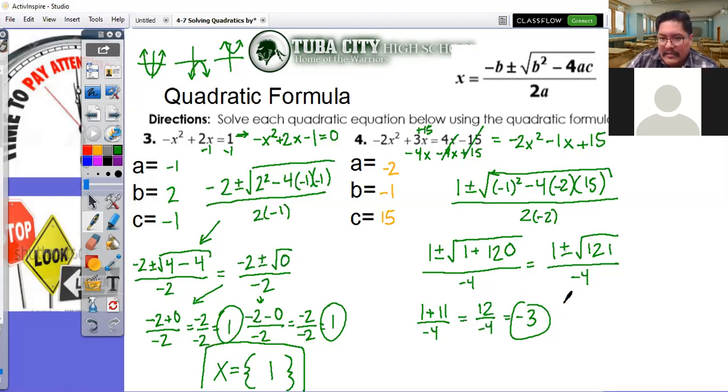All right, now I'm going to go ahead and do the second one. This way I know I have enough space to do the whole thing. 1 minus 11. In this case, we're subtracting a large number, so that means it's going to be a negative. So negative over negative, that's going to be a positive. But in this case, again, let's just leave it as fractions.